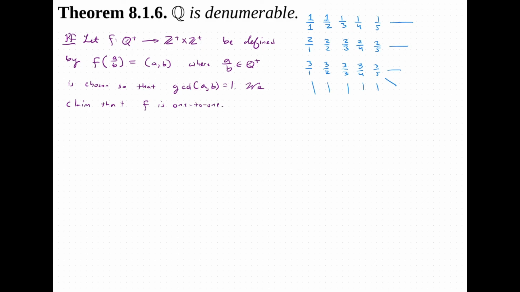So to see this, we're going to go ahead and take two rational numbers. So suppose f of a over b is equal to f of c over d.